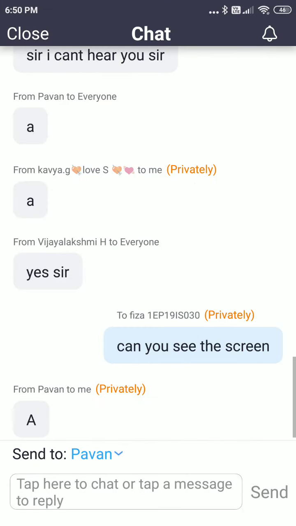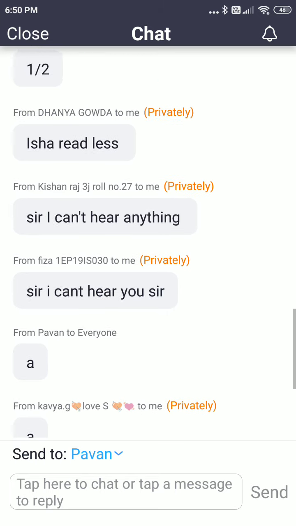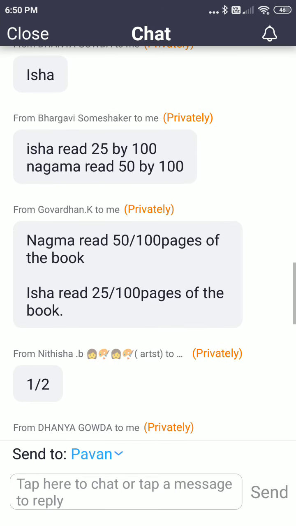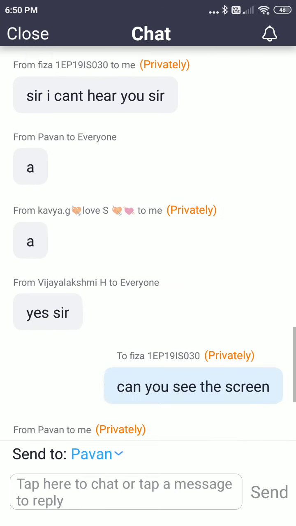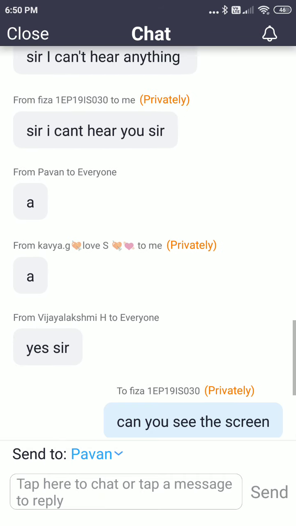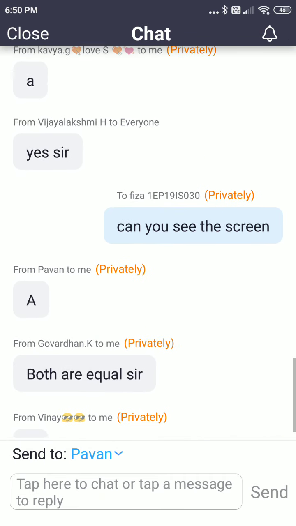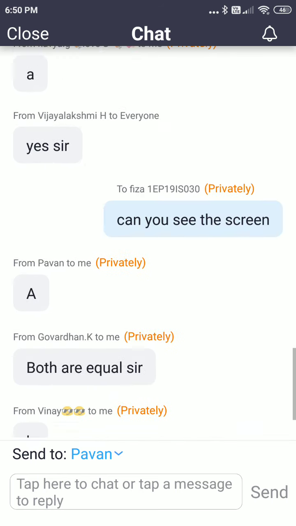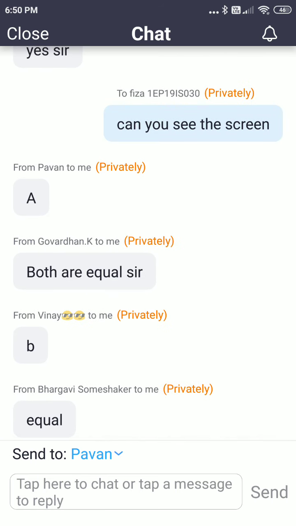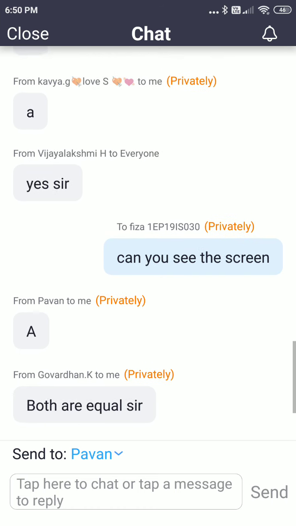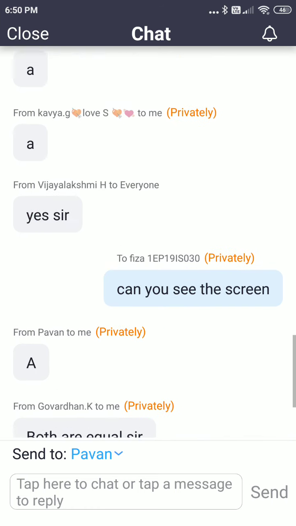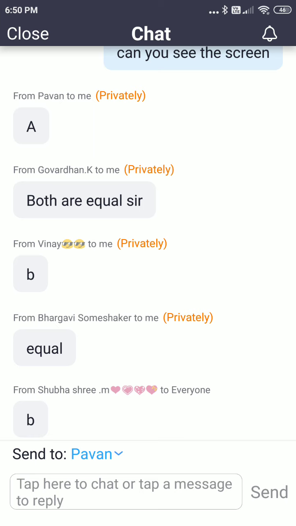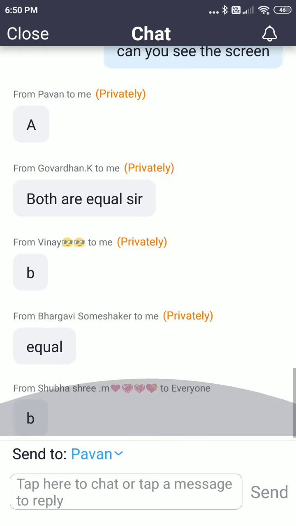Okay, Pawan, saw your answer. Kavya got your answer. No, only Govardhan's is correct. Bhargavi is correct. Only two children got correct. No, Subhashri. Quickly, children.